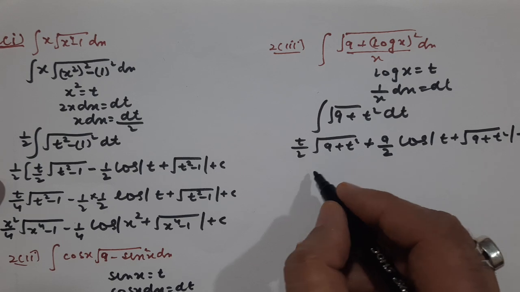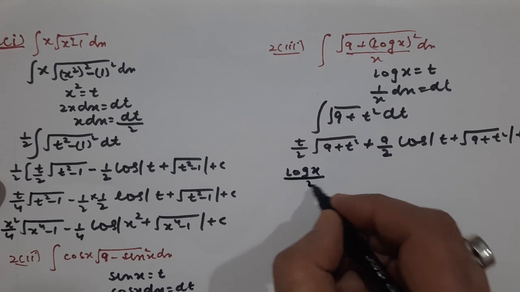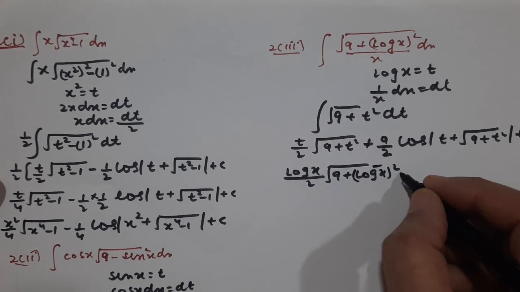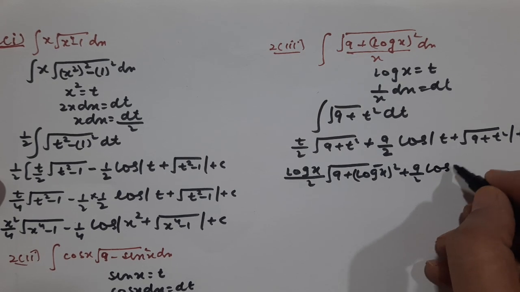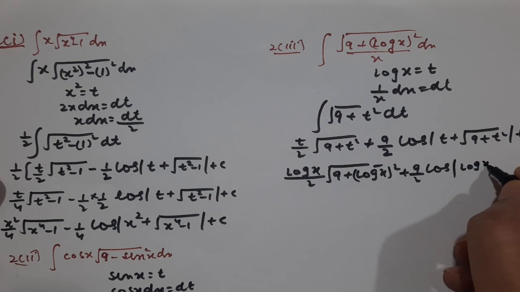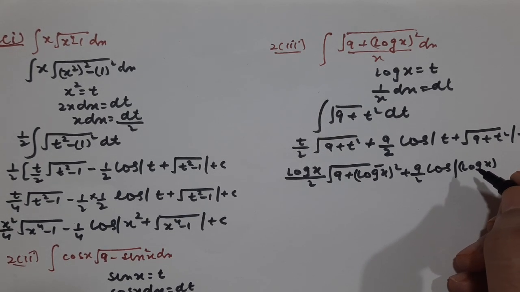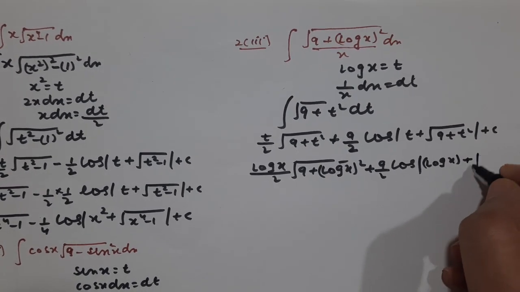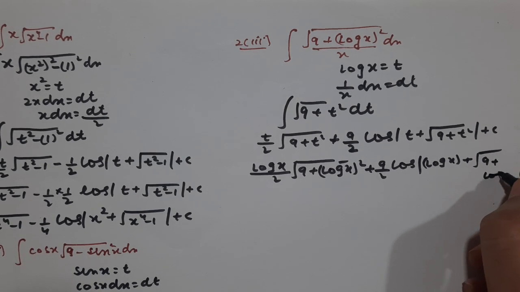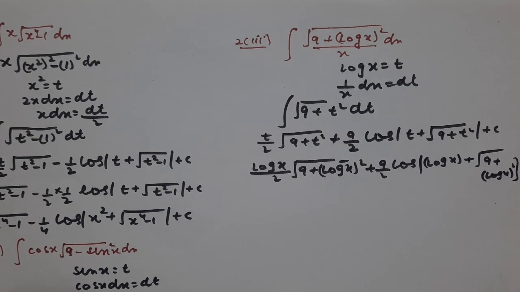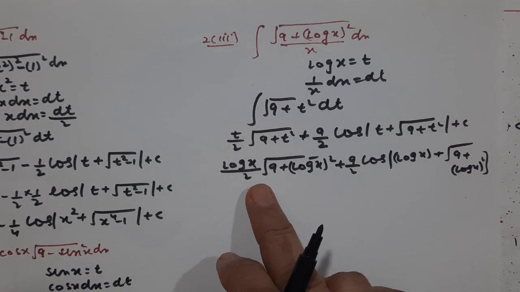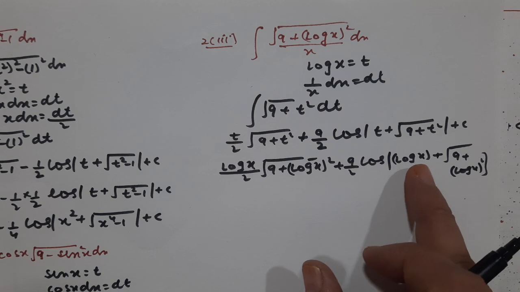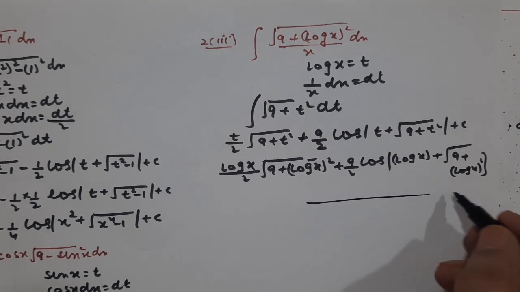So on putting the value of t here, t is log x, so the answer is log x upon 2 under root 9 plus log x whole square plus 9 upon 2 log modulus sign log x plus under root 9 plus log x whole square. So this is the complete solution of this question.